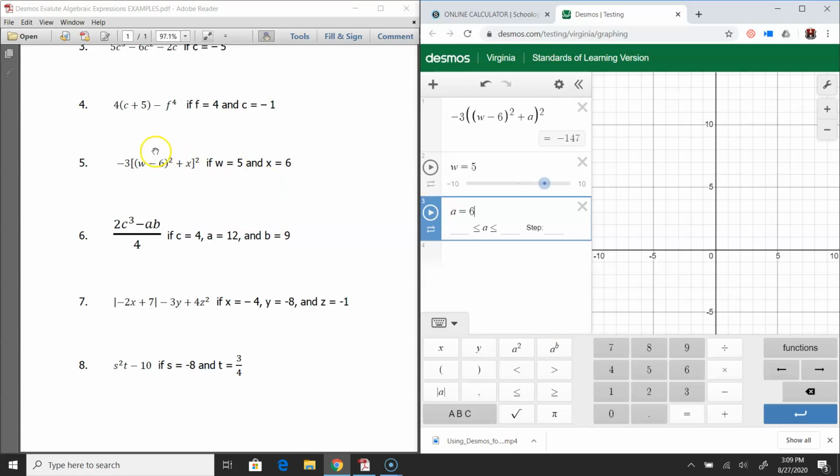So reminders on this one. No brackets, use parentheses where they are. And anytime there's an X, use a different letter in place of X. But don't use a letter that is also in the same problem. So I wouldn't want to use W for X here. I want to use something that's not in that problem.